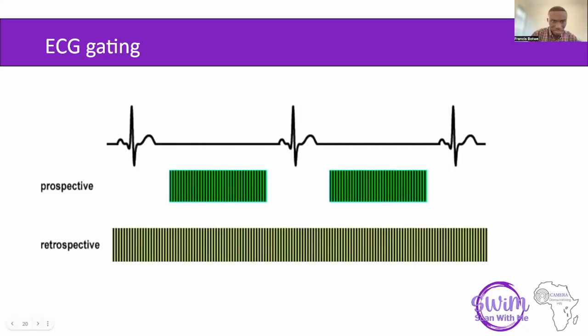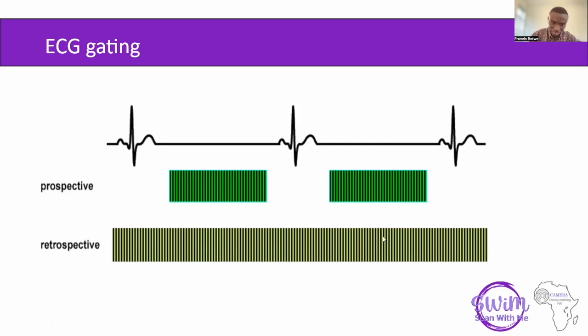So this diagram shows the difference between prospective gating and retrospective gating. For the prospective gating, you can see that data is just acquired within the acquisition window, whilst for retrospective gating, we are going to acquire data for the entire heartbeat from the RR interval.